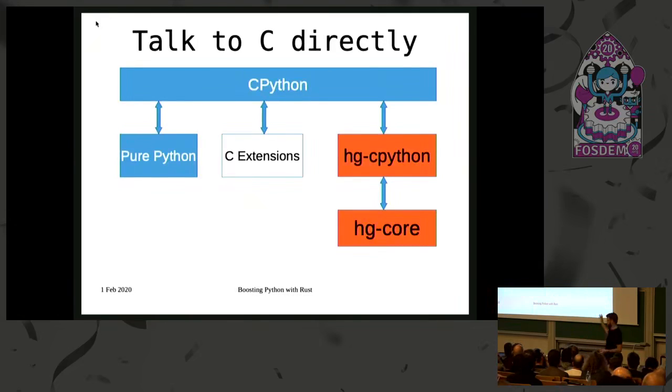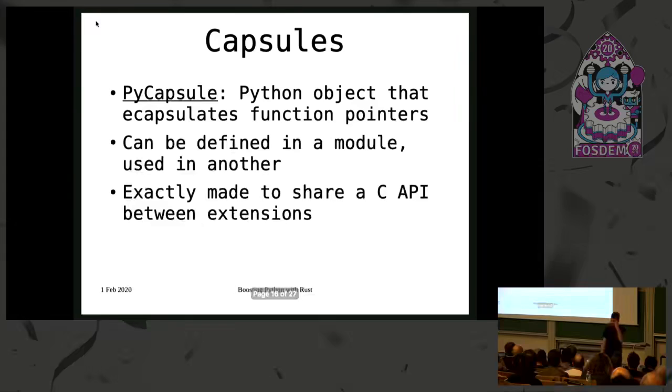So if you go back to the structure that we had, there's this arrow that we're trying to use. And it turns out that in the Python standard library, we have something called capsules, which are Python objects that encapsulate, that's the typo, function pointers.